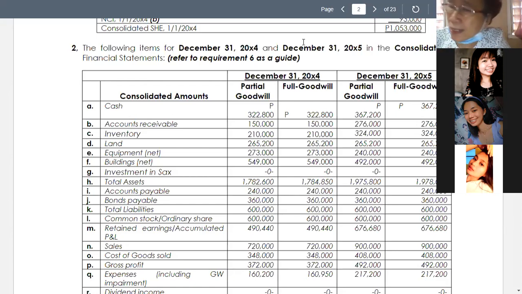Then we add the share in the net income of the subsidiary of 202,940. We get the total of 562,440. So the share of the parent in the net income of the subsidiary is 202,440. Now we have solutions for this.